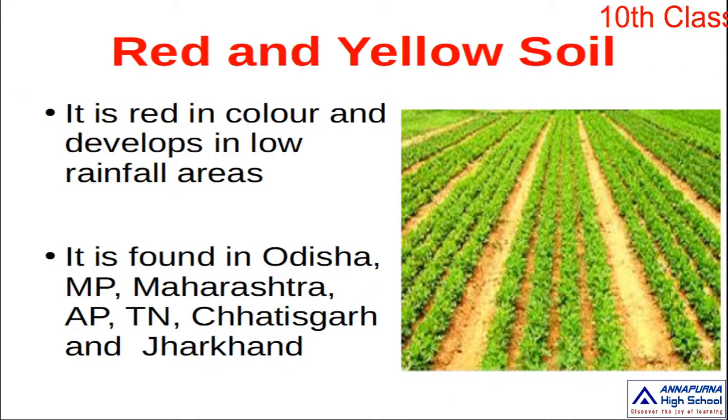And now the third important, that is red and yellow soil. Look at the picture, red and yellow soil. This soil is red in color, and it also looks yellow. That is why this soil is called red and yellow soil, and it develops particularly in low rainfall areas.